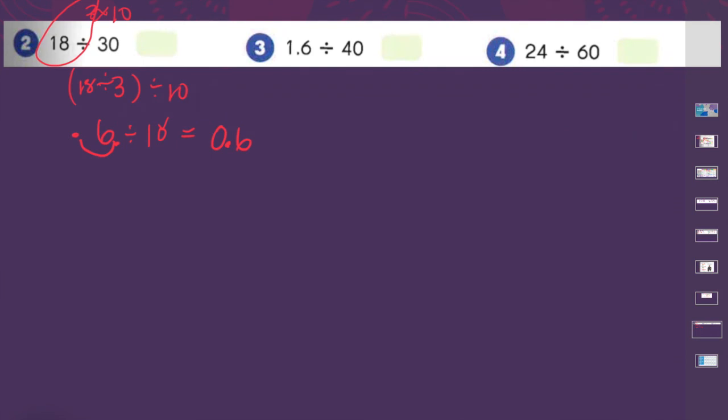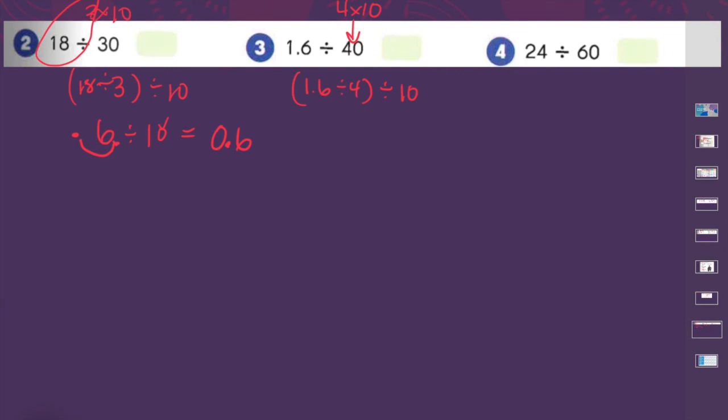Let's look at this next one. 1.6 divided by 40. Well, I know 40 is a multiple of 10. 4 times 10 gives us 40. So I can use this to divide 1.6 divided by 4, and then divide that by 10.